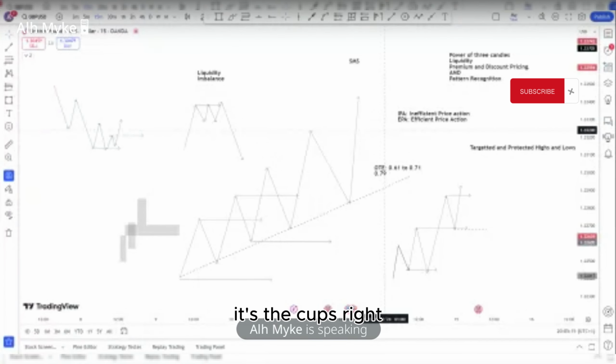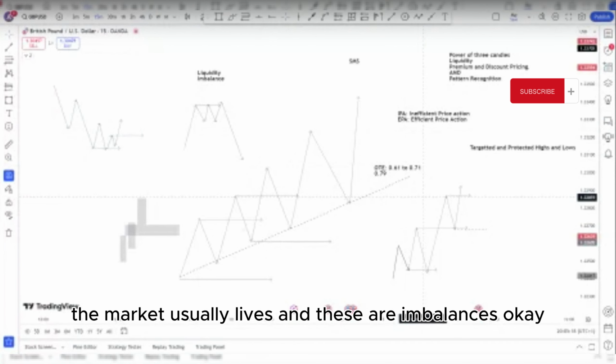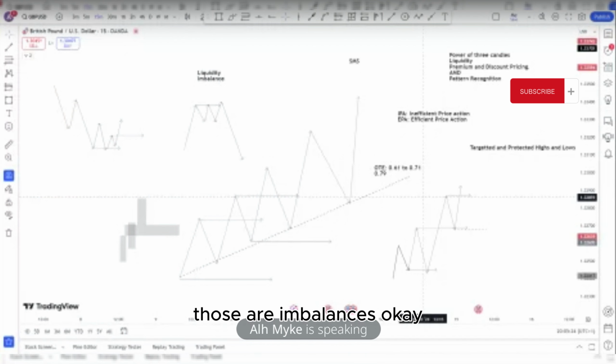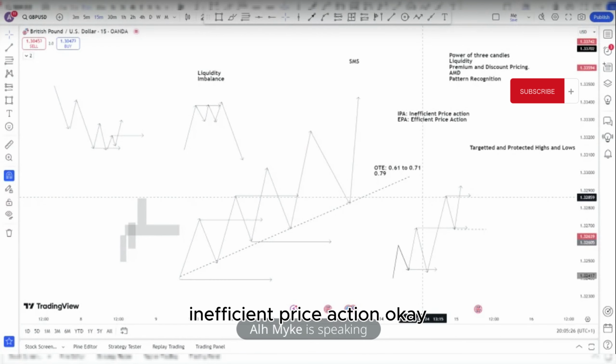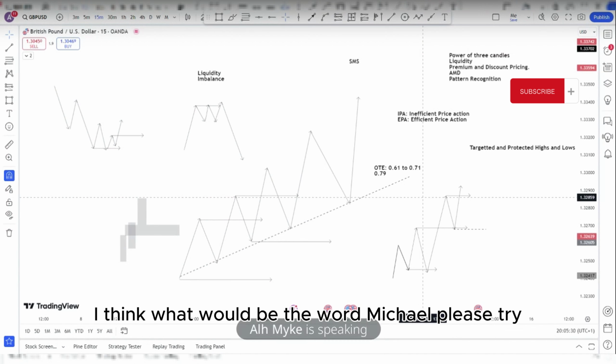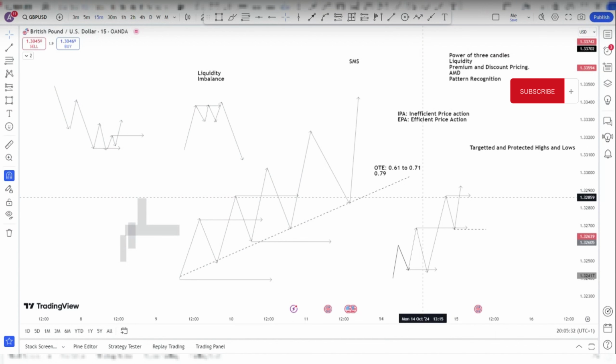It's the gaps, right? The gaps that the market usually leaves, and those are imbalances. Okay, those are imbalances. Okay, inefficient price action. Okay, I think what would be the word? Michael, please try. Okay.